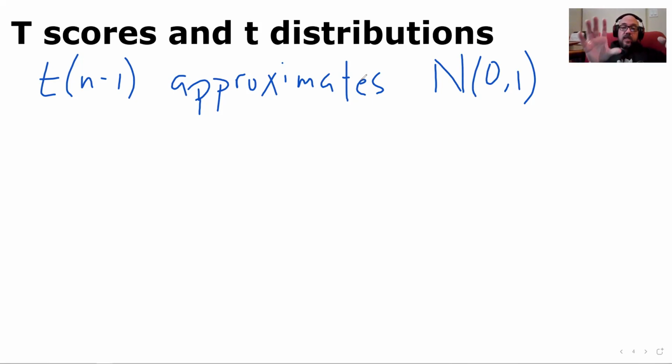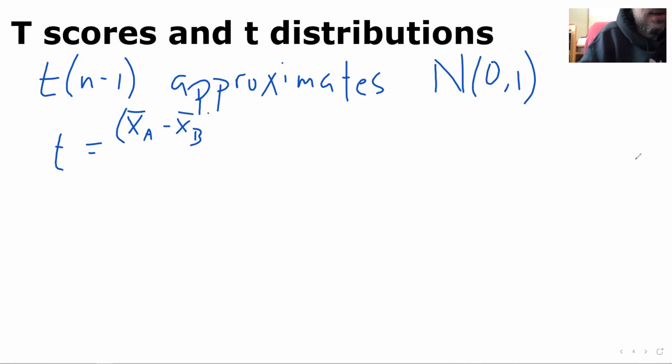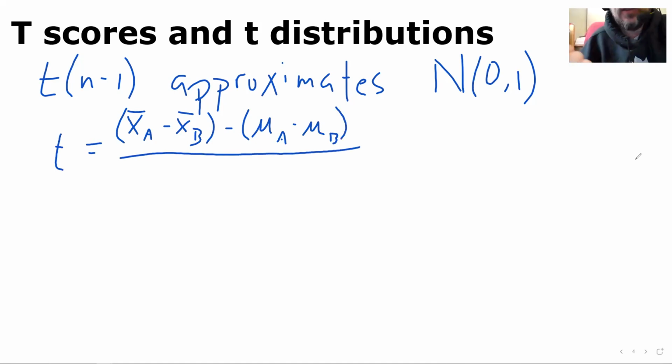So that means that when we are doing our t distributions, what we're really having the calculator do, we're not going to do this by hand, but we certainly could, is turn everything into a t distribution. So what we say is that the t-score, instead of being the z-score, is the same thing that we had before. It's x bar A minus x bar B, minus mu A minus mu B, divided by the standard deviation.